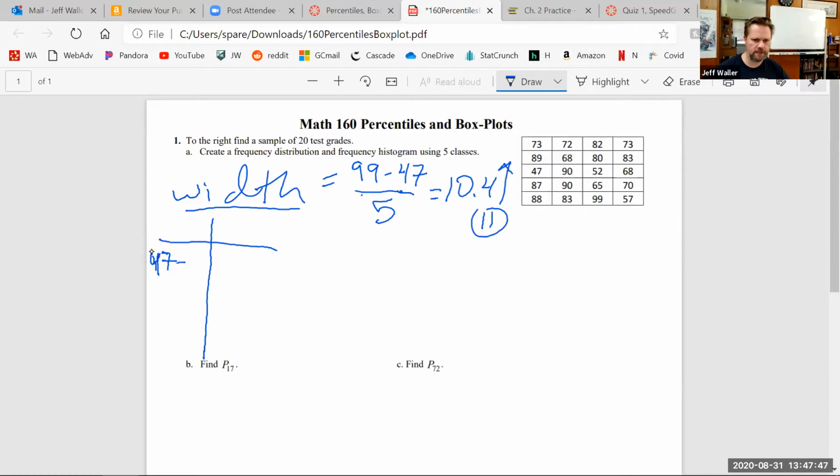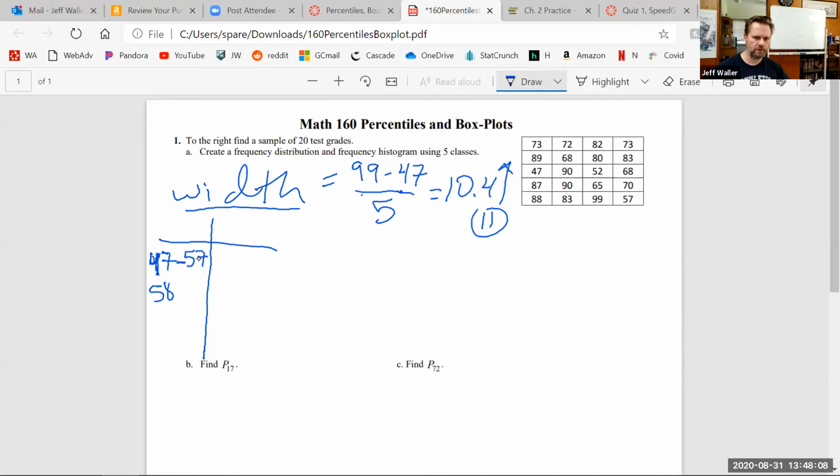Now, where's the next class got to start if this one starts at 47 and they're 11 wide? 58. And so where's this class end? 57.